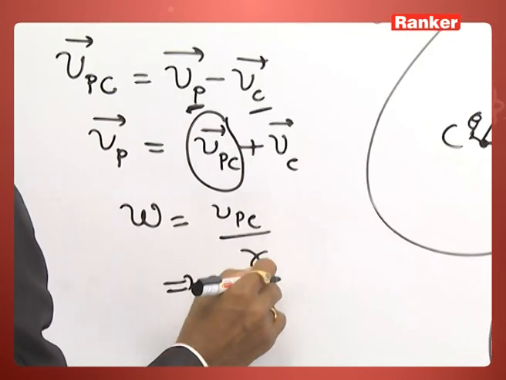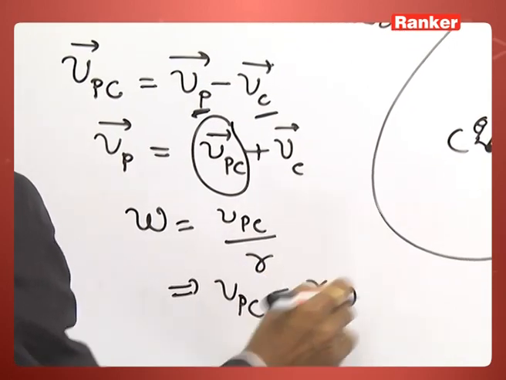Therefore, Vpc can be written as R into omega.